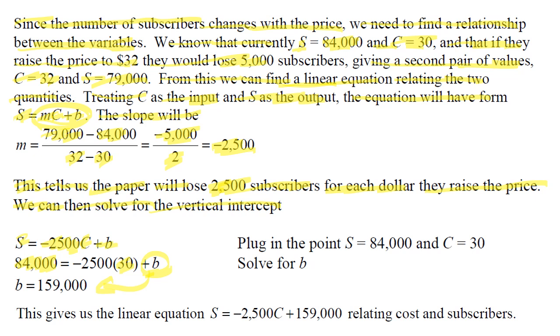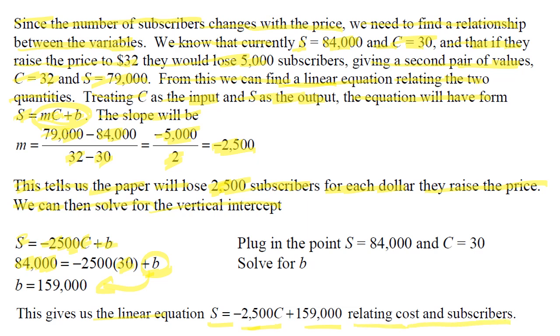So if we take care of that, we would then get the linear equation S equals negative 2,500C plus 159,000. And this relates the cost and the subscribers.